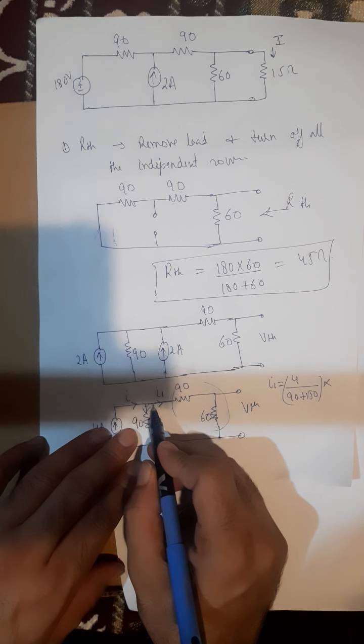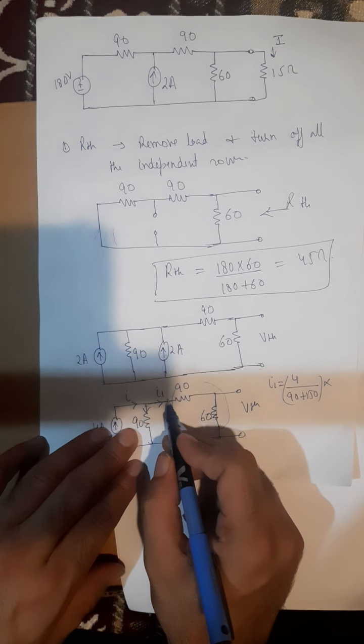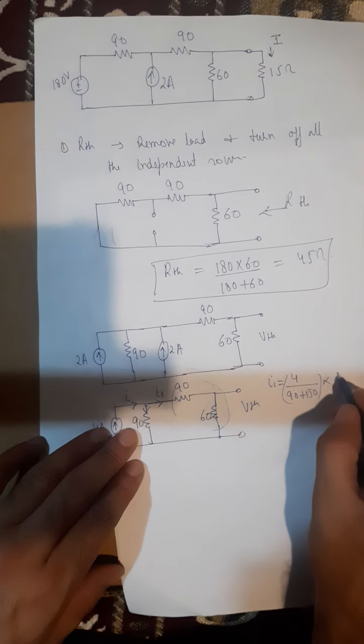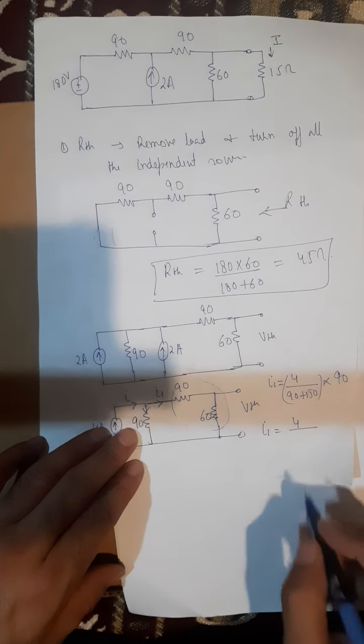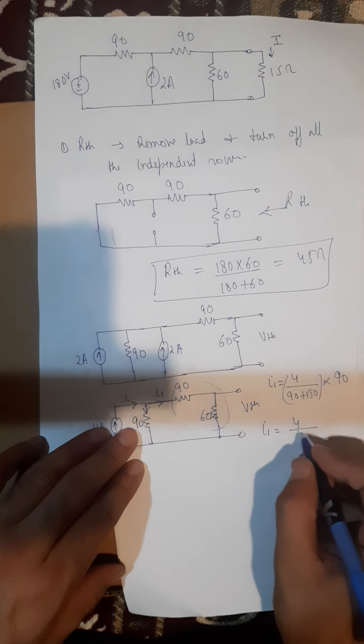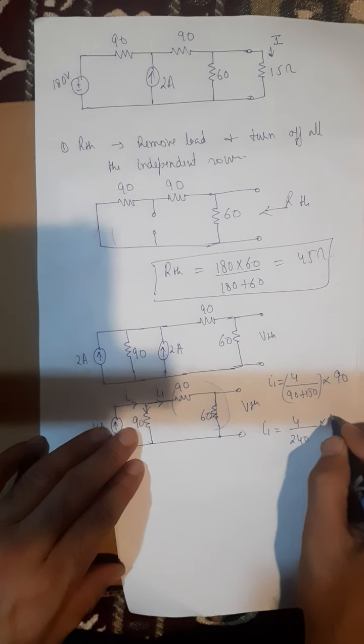We want the current in this branch, so we multiply by the resistance of the opposite branch, which is 90. So I1 will be 4 divided by 150 plus 90, which is 240, multiplied by 90.